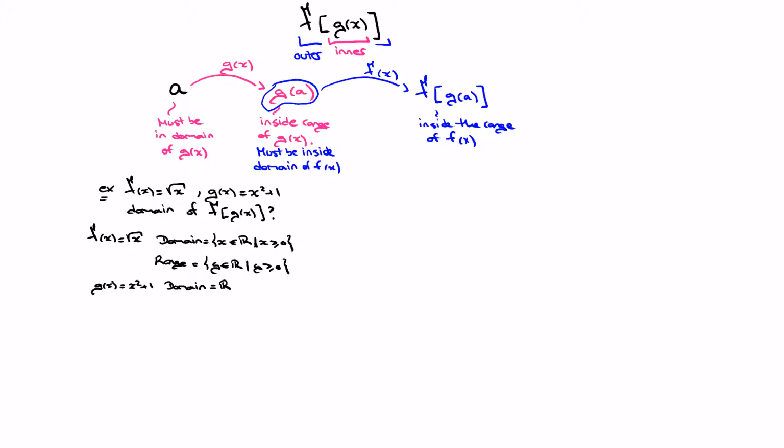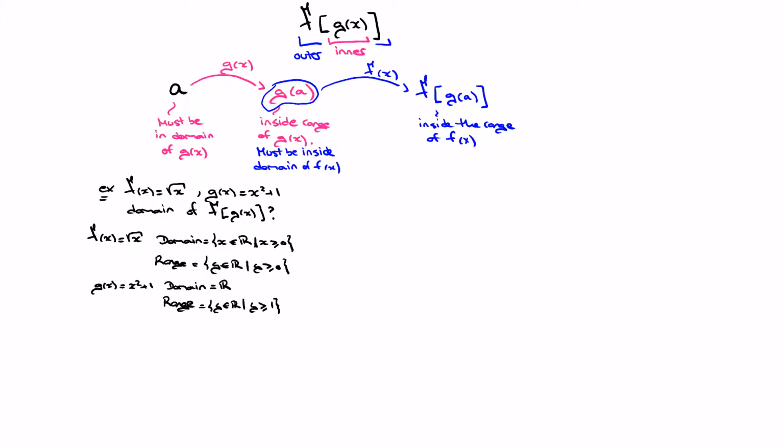And its range, in this case, is all values greater than or equal to the vertex. The vertex is at (0, 1), so the range would be all real numbers such that they are greater than or equal to 1.